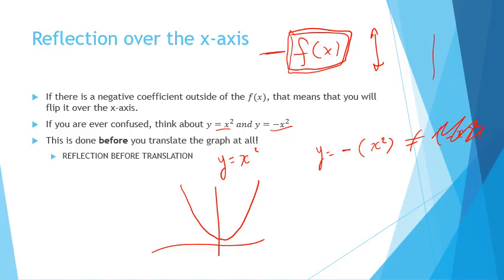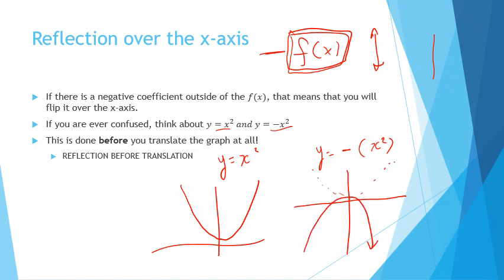We are just putting that negative outside the original function. So it is not that. This is going to flip this graph that was once like this. It was once like that, but now it's going to be like this. And so this is an example of vertical reflection.